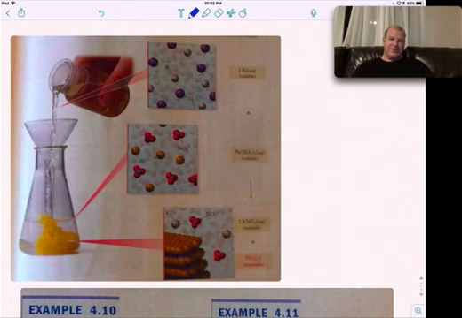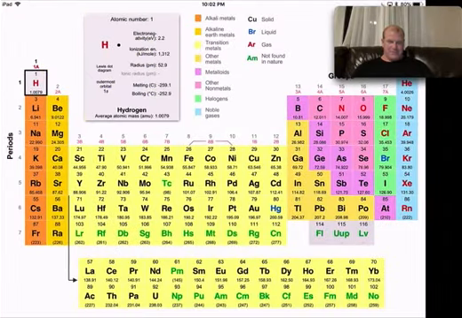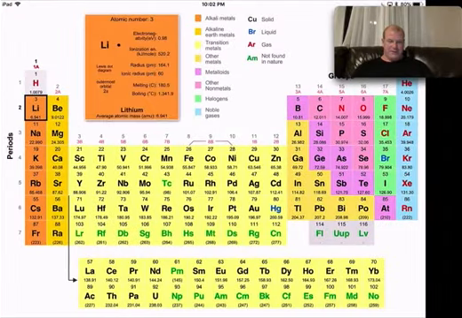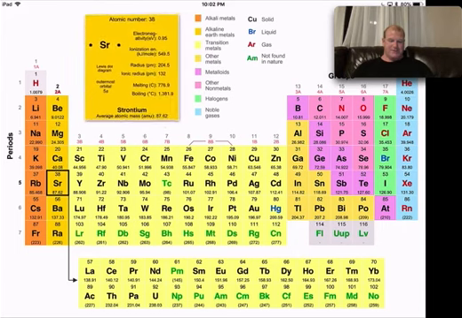I haven't talked too much about the periodic table, but with the periodic table, this first row here, these elements, they're also known as the alkalis. Alkali means basic, like the opposite of acidic. These are known as the alkaline earths. So they're basic metals.